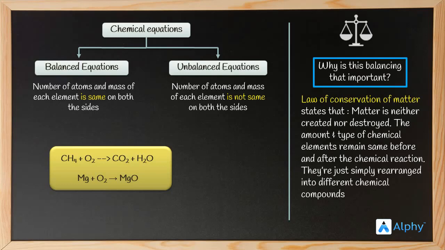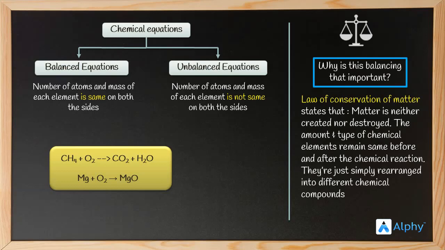We have 1 on each side. The 1 on the left hand side is in CH4 and the 1 on the right hand side is in CO2. Now let's count the hydrogen atoms, which are represented as capital H. Yes, there are 4 on the left hand side in CH4. However, there are only 2 on the right hand side in H2O.